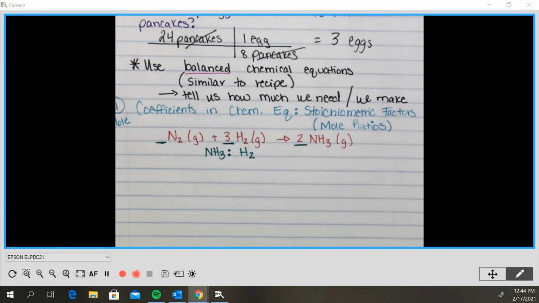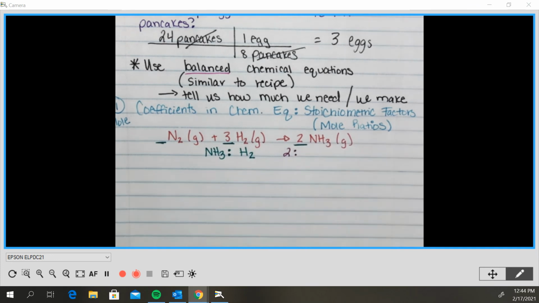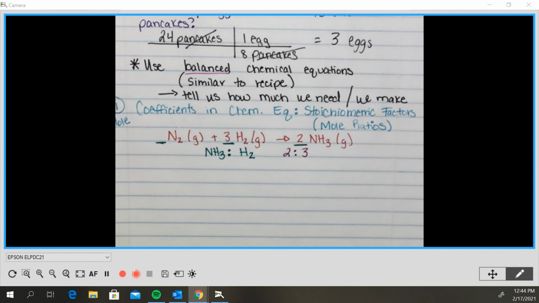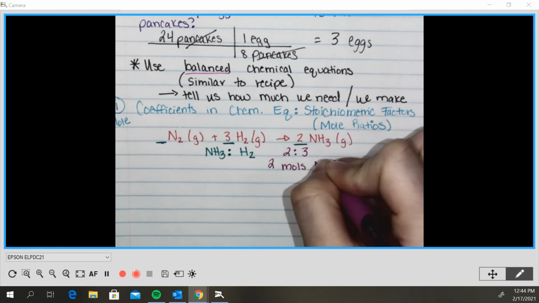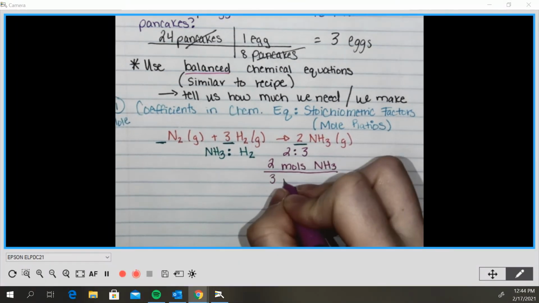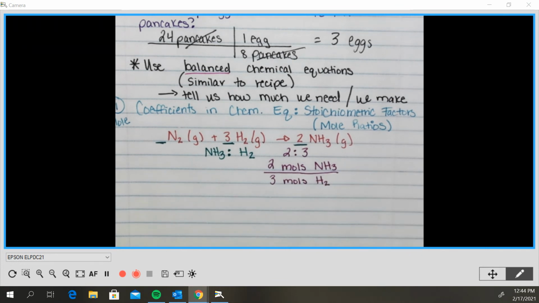Your ratio would be 2 to 3, because we have a 2 in front of NH3 and a 3 in front of H2. Another way you could write this is 2 moles of NH3 over 3 moles of H2.